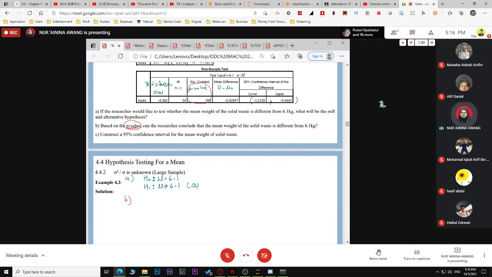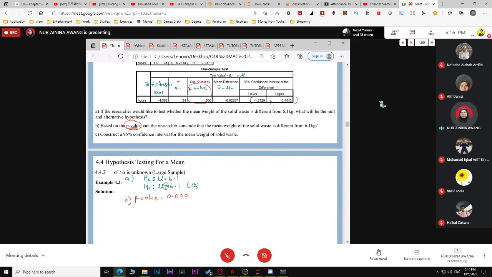Since in A we already made our hypothesis, for B there is no need to write your hypothesis. Just continue directly with the p-value. But you must be careful since this p-value is given for two-tail and our case is two-tail, so just take the value. If the case is one-tail, you have to divide by 2.